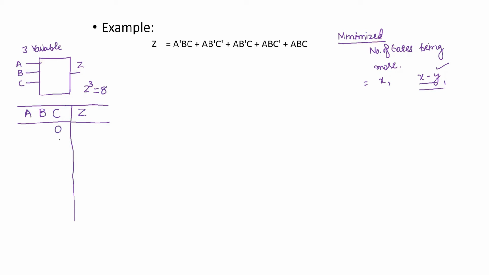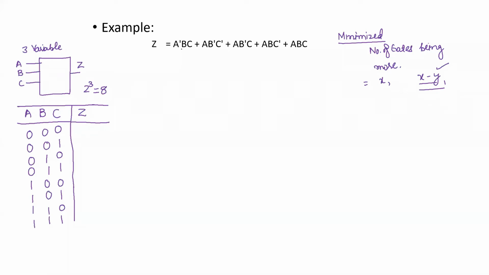How are we going to write it? 0, 1, 0, 1, 0, 1, 0, 1. And this is 0, 0, 1, 1, 0, 0, 1, 1. And this can be written as 0, 0, 0, 0, and then 1, 1, 1, 1.